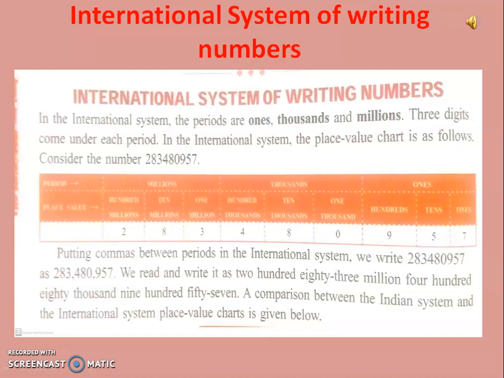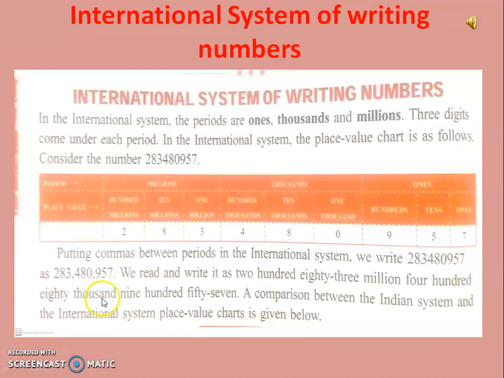In thousands we have 1,000 and 10,000. Then we have 2 digits in lakhs, that is 1 lakh and 10 lakh. Similarly, in crores we have 1 crore and 10 crore. So you can see these differences.